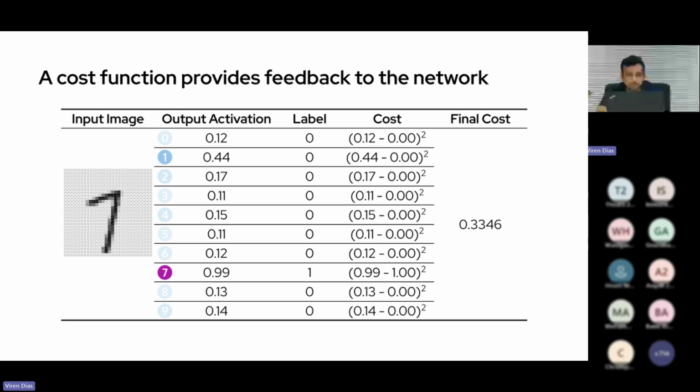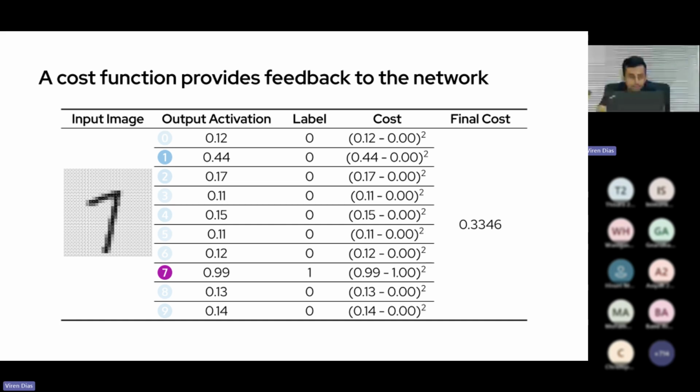You can see the output layer neurons all lined up there, and actual values corresponding to it, not just the brightness of it. And then you have the actual correct label. So it should be a 7. So everything is 0 apart from the 7. And you compute the cost by just taking the square of the errors, and you sum it all up and get a final cost value.